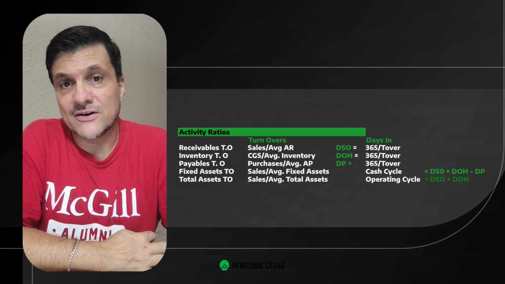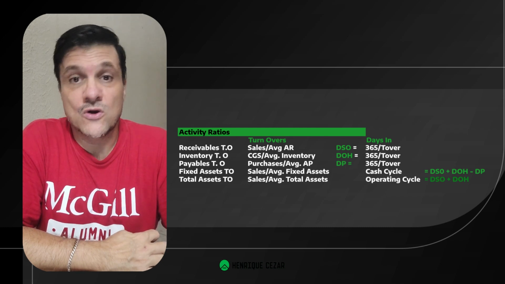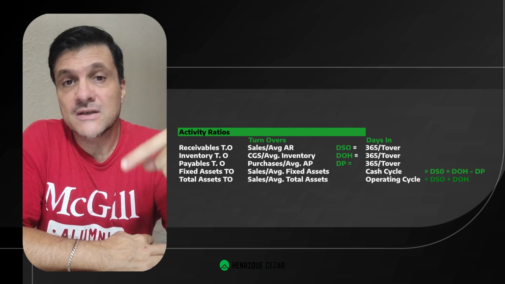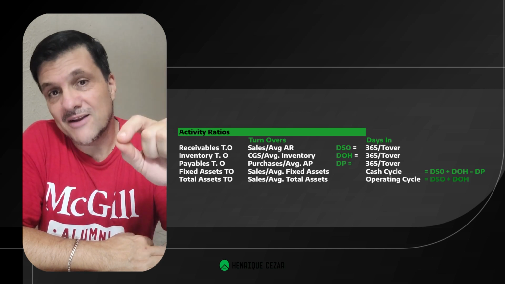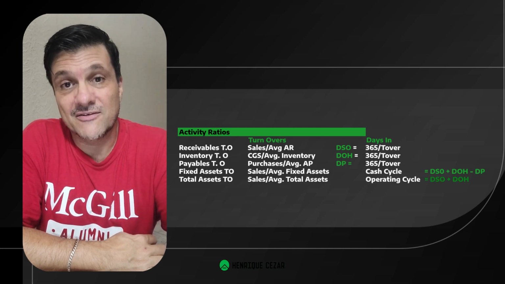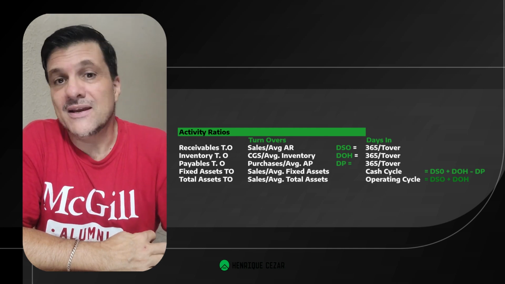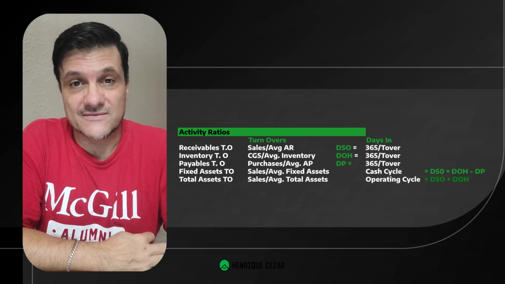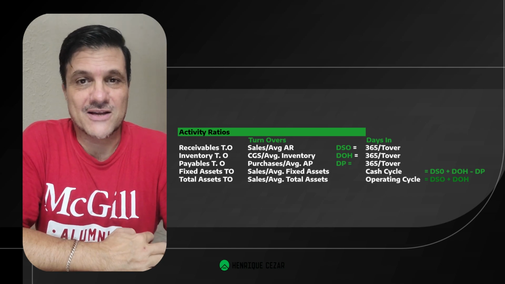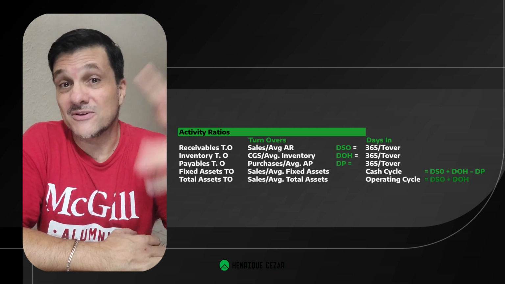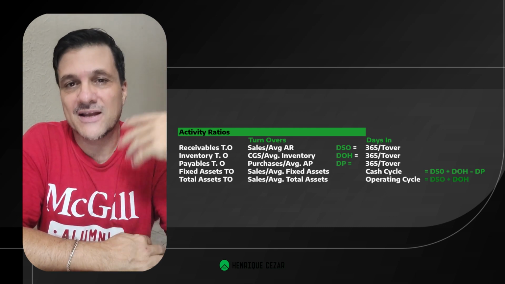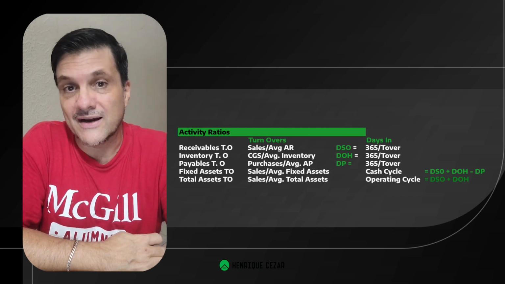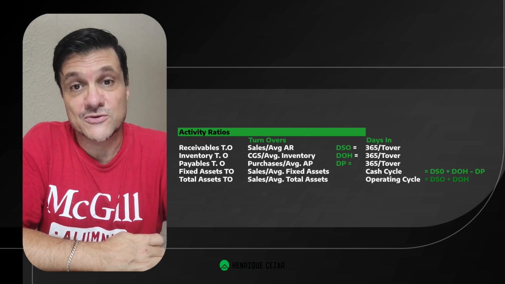Good. Think about it, a turnover for payables equal to 1 turnover during the year. So 365 divided by 1 is 365 days in payables. That means I only pay my suppliers once a year. That would be the ideal scenario. Can you imagine? You're selling every day, you're turning around that inventory, you're getting paid, but then you take 365 days to pay your suppliers. That's a very efficient way to manage a business.